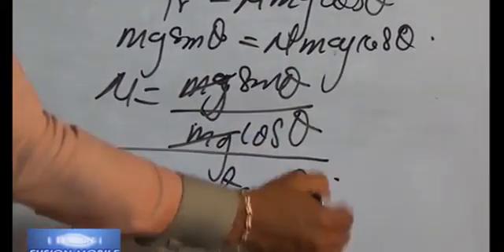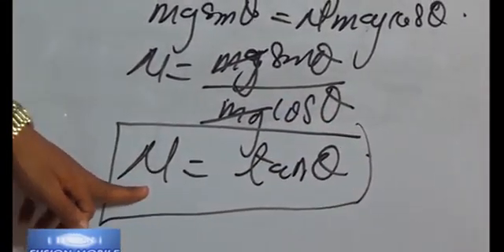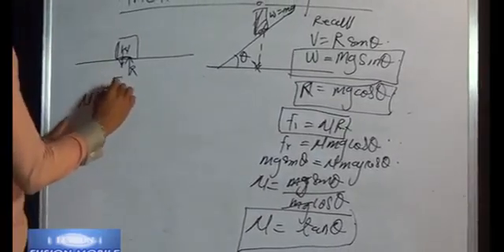So the major formula for the coefficient of static friction is tan theta, and from this equation we can also say that mu is equal to frictional force over normal reaction, which is the same thing as tan theta.